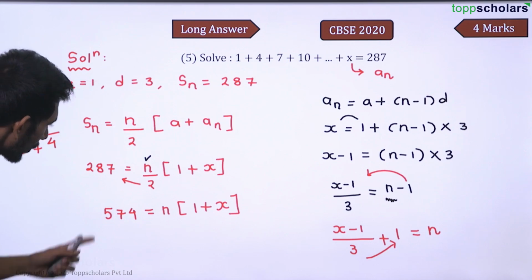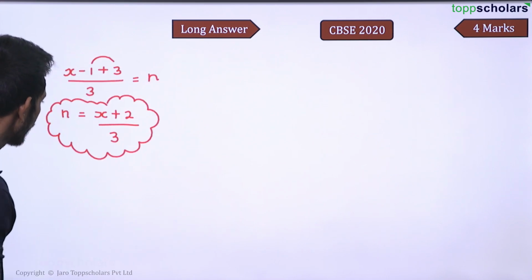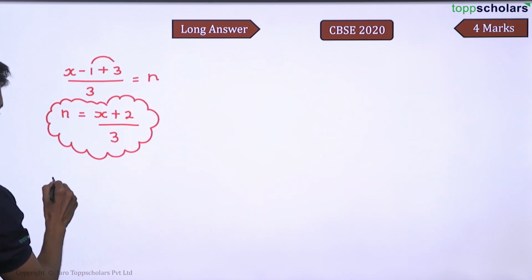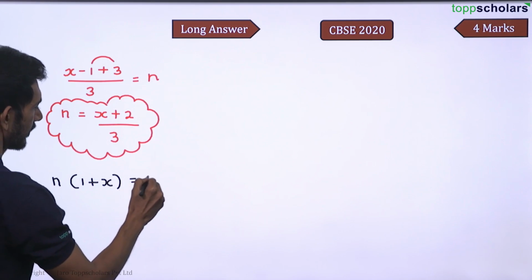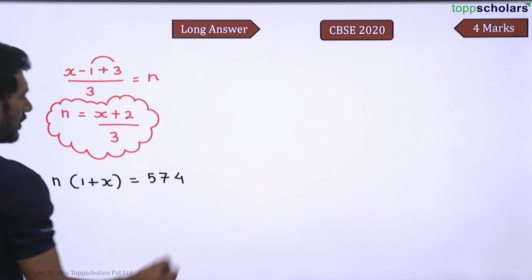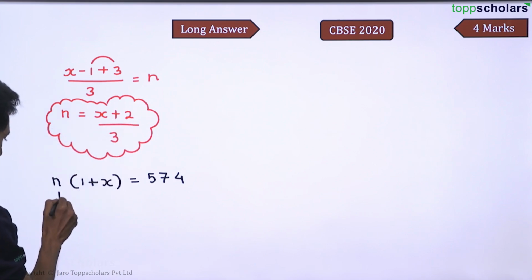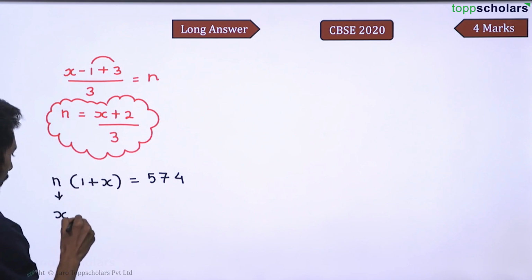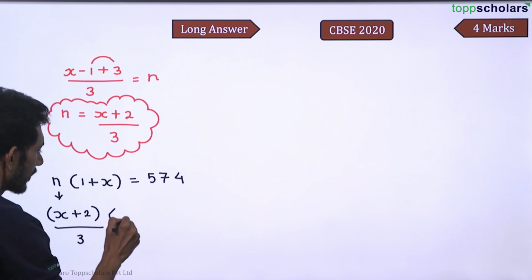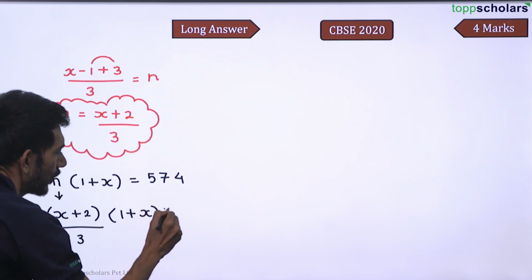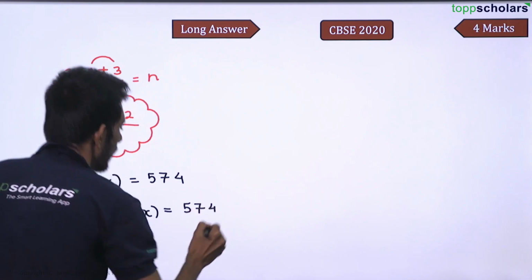But now if you see, what do we have? We have this, right? We have n into 1 plus x is equal to 574. But what is n? N is x plus 2 by 3. So put it over here. So I get x plus 2 by 3 into 1 plus x is equal to 574.